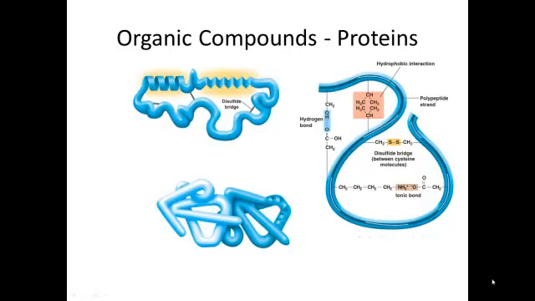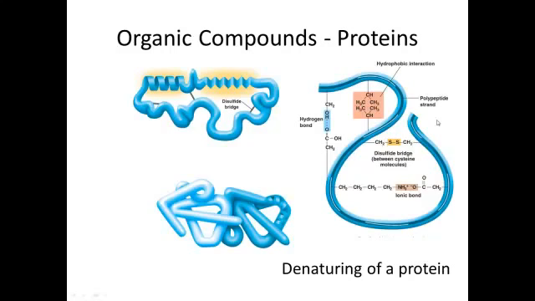All of this lovely organization can be unraveled by breaking these bonds, the hydrogen bonds, the ionic bonds, and if you really work at it, you can break these disulfide bonds. And this denatures the protein or unwinds it into its primary structure, just the string.